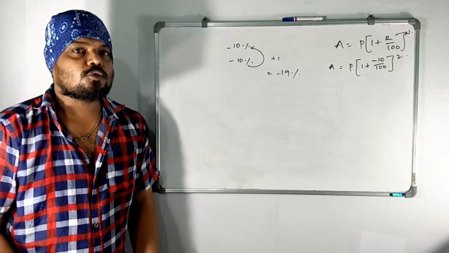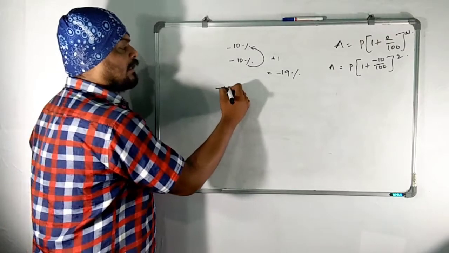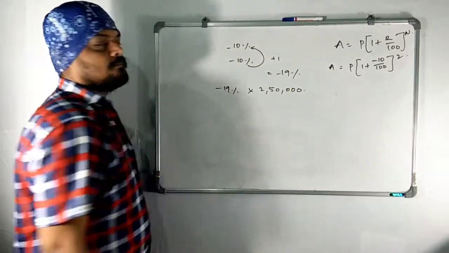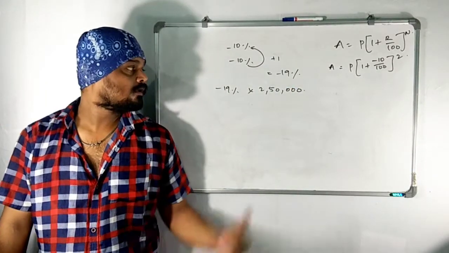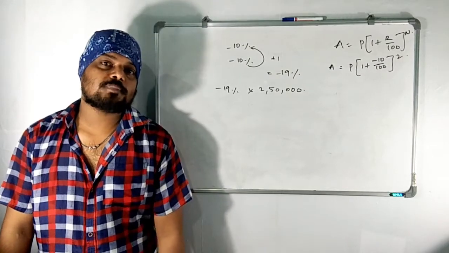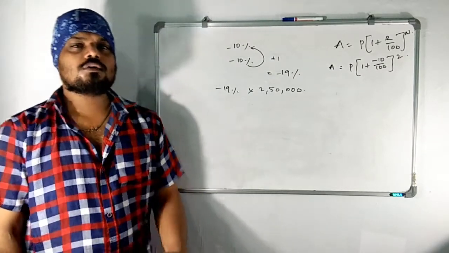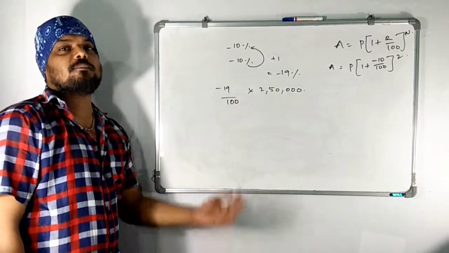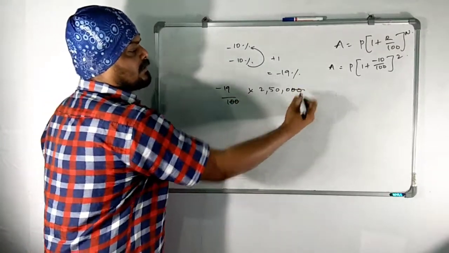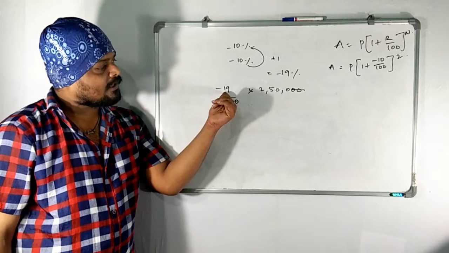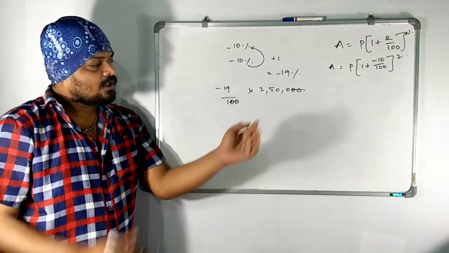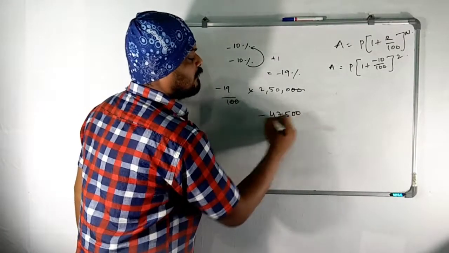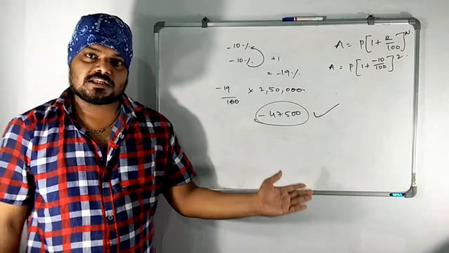Minus 19% decrease upon overall 2,50,000. So minus 19% is nothing but minus 19 upon 100. So the zeros get cancelled, and minus 19 into 2,500 is how much? Minus 47,500. You can solve this question in this method also.